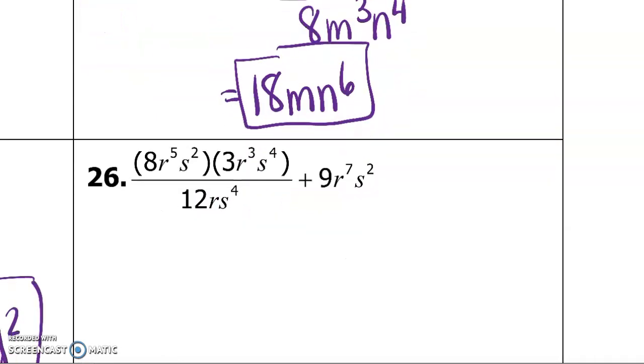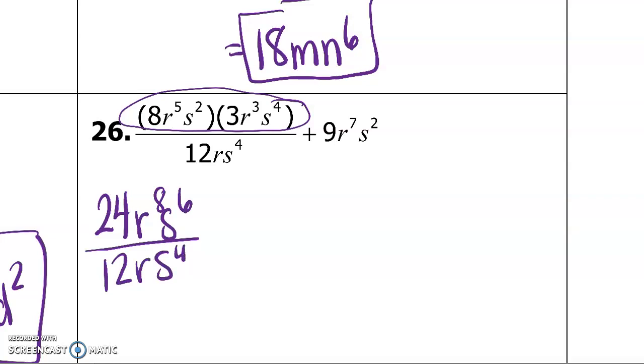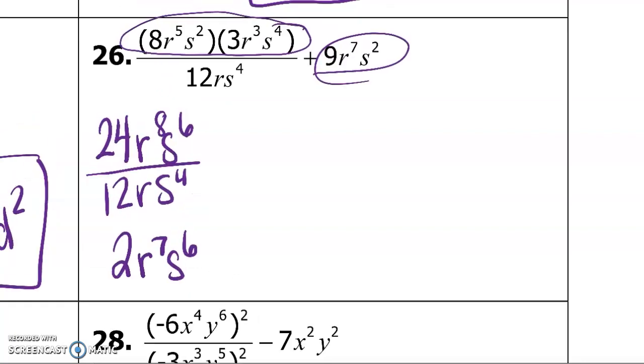26 has a lot going on. So first you need to simplify your top by multiplying. So 24, add your exponents, r to the 8th, s to the 6th, over 12r, s to the 4th. So then divide that to give us 2r to the 7th, s to the 6th. And notice those exponents match what we're adding.